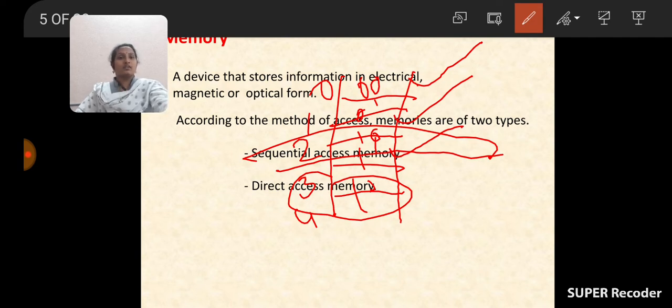According to the sequence only we enter the data, then that is called sequential access memory. Without touching any other register, whatever the required register we want to enter the data into or retrieve data from, if we access that register directly, then that is called direct access memory.